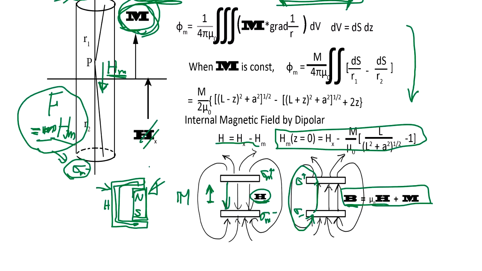This dipolar characteristic is different between the magnetic and electric worlds. Mostly in the electric world, most of them are soft dipolar. In the magnetic world, a lot of metals are hard dipolar, and some of them are anti-dipolar.